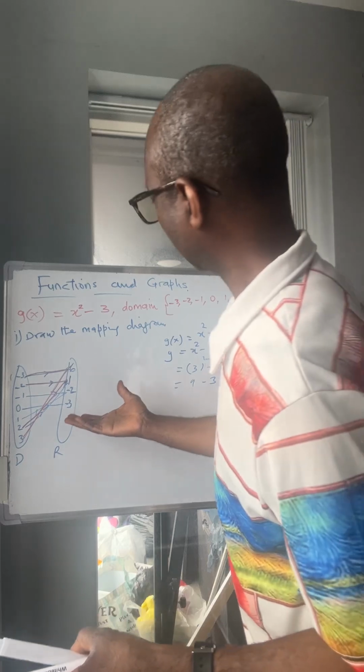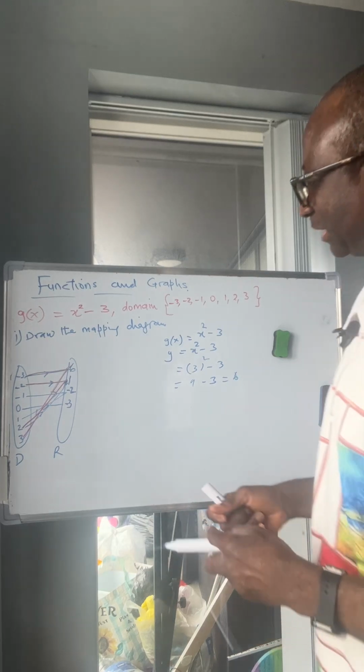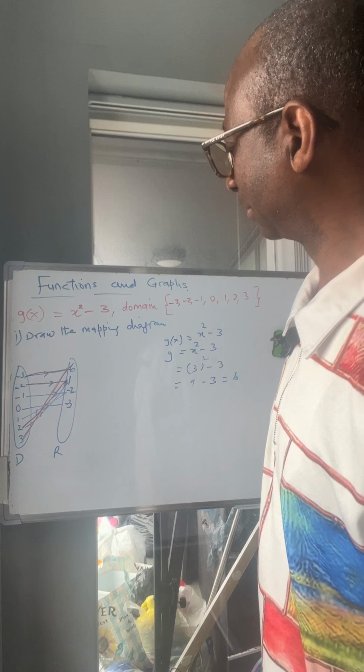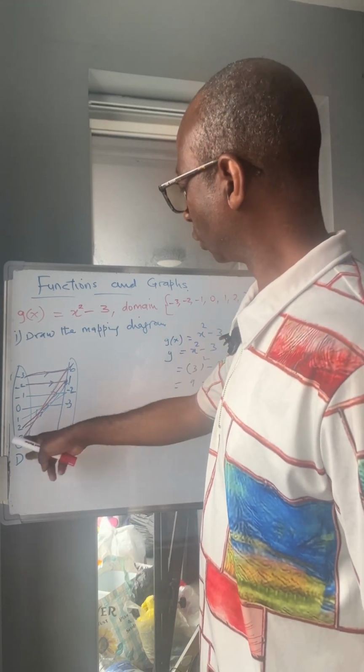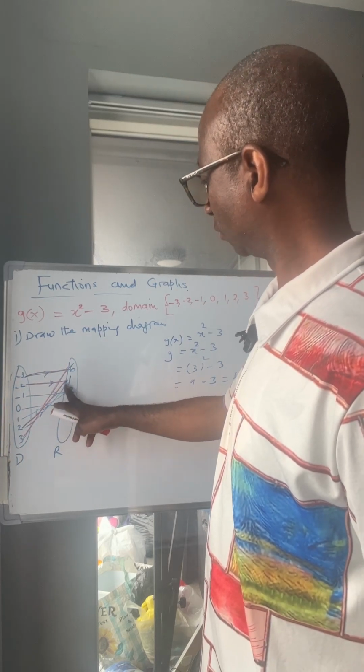The next question says to draw the mapping diagram, which we've drawn, and state if the function is 1-to-1 or many-to-1. You can see that this function is not 1-to-1, but it is many-to-1 because you have 2 elements going to the same element.